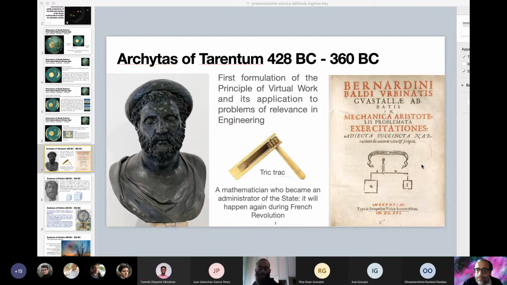Okay, so what happened is that Aristotle was considered the best scientist of the past. So a copyist decided to say that Mechanica Problemata was written by Aristotle in order to save it.